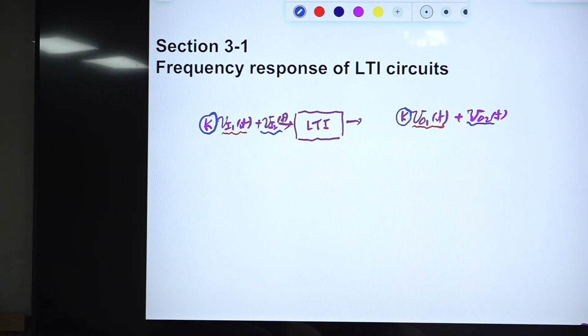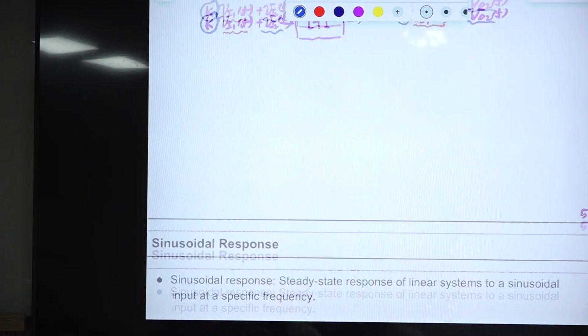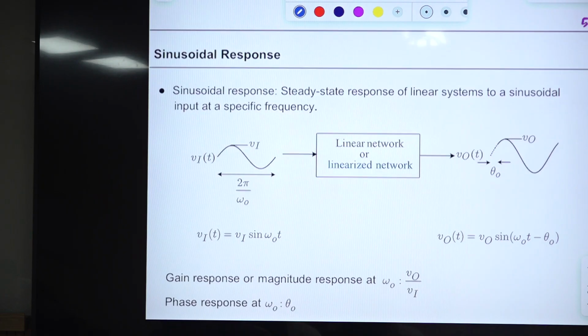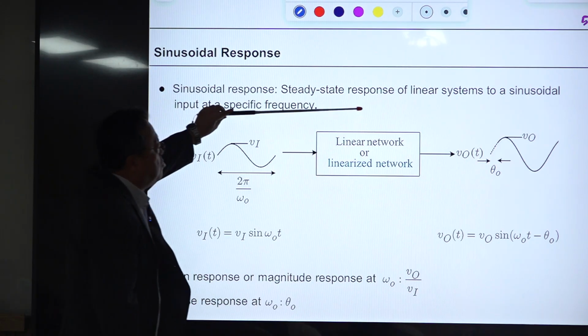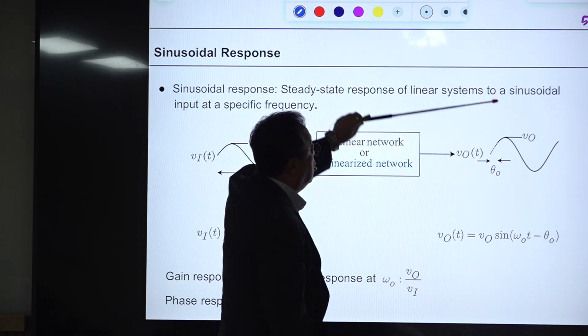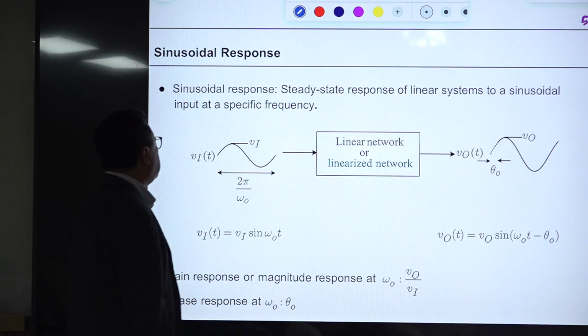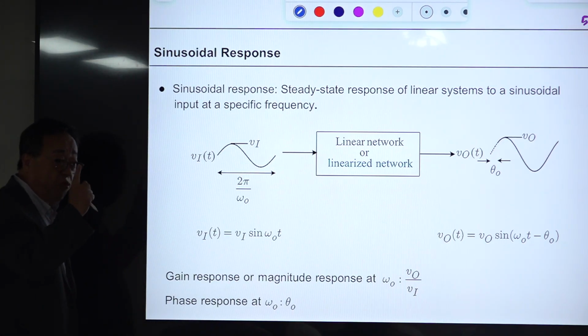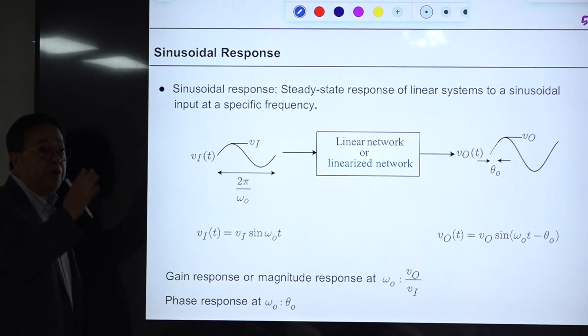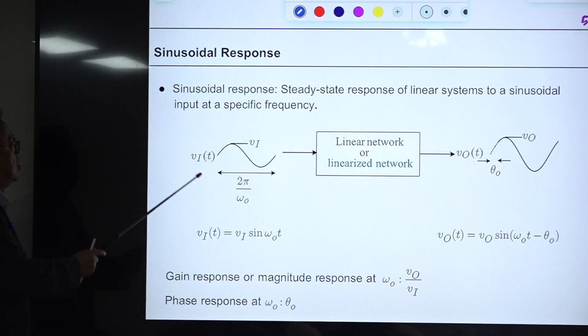So for the moment, maybe this lecture will be talking about only linear time invariant systems. So sinusoidal response is defined in this manner. Sinusoidal response is steady state response of linear time invariant system to a sinusoidal input at given specific frequency. We are talking about just one sinusoidal wave at particular frequency. We change this.